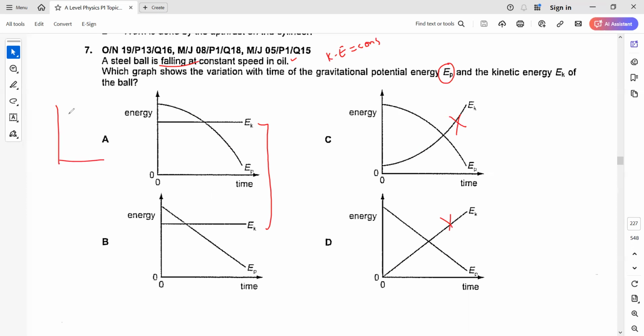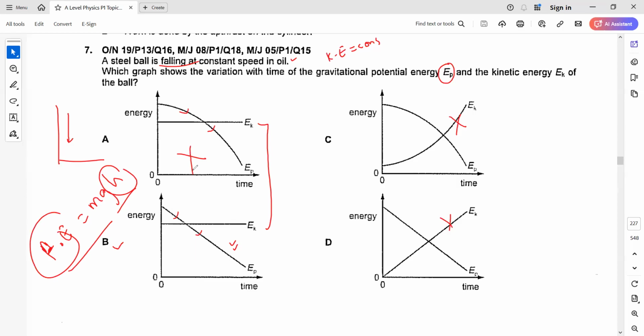Is it going to decrease quadratically or linearly? Potential energy is related to mgh, so potential energy and h are linearly related. So this has to be B, not A. Do you guys get this?